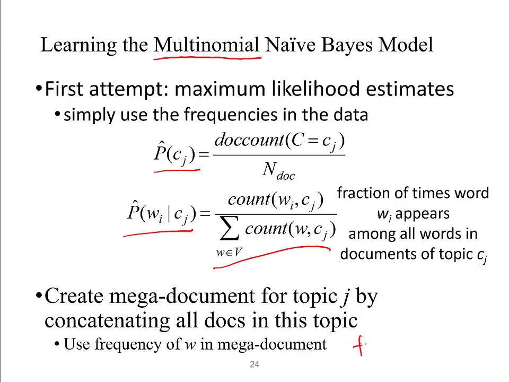So basically, it would be the frequency of W in this mega document J. The number of mega documents would be equal to the size of the class label set.